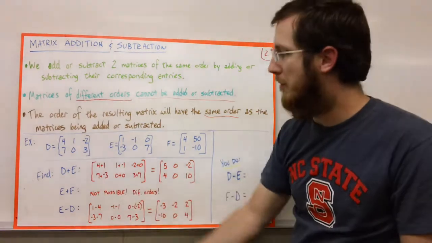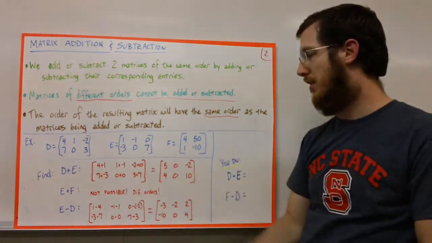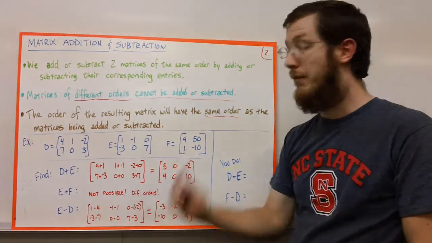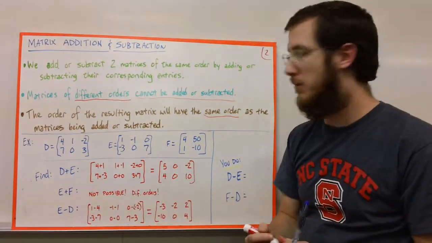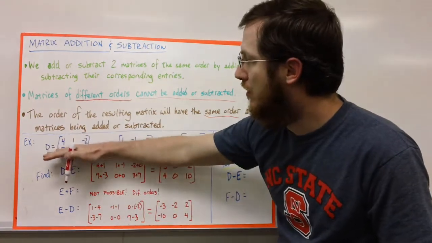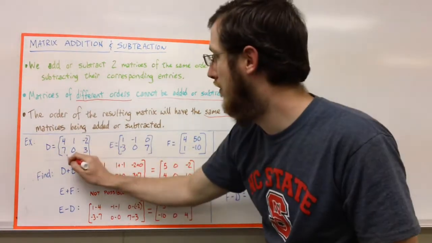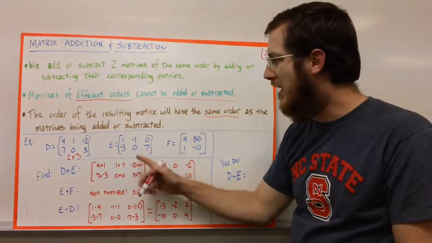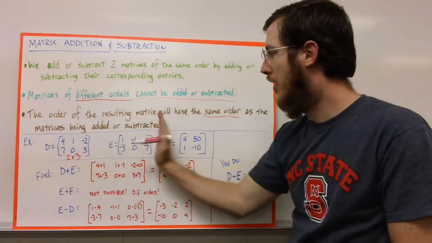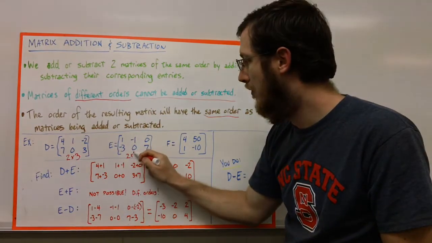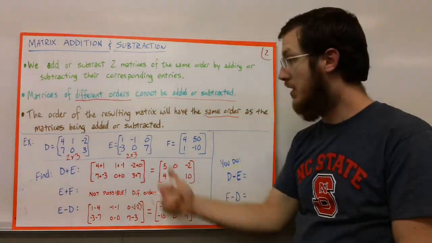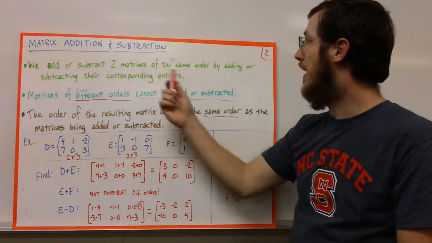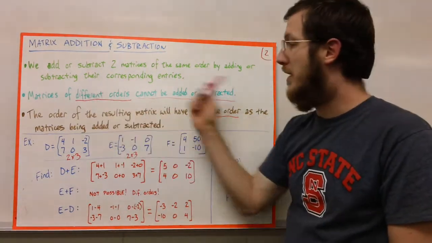Let's look at a couple examples. We've got matrix D, matrix E, and matrix F. If we're asked to find D plus E, first let's check the order of each one. D has 2 rows and 3 columns, so it's a 2 by 3 matrix. E also has 2 rows and 3 columns, so it's also a 2 by 3 matrix. So we can add these together by adding corresponding entries.